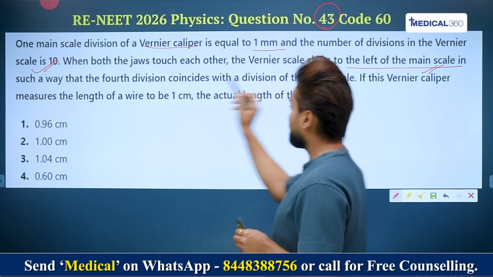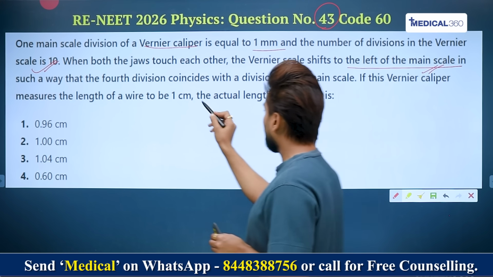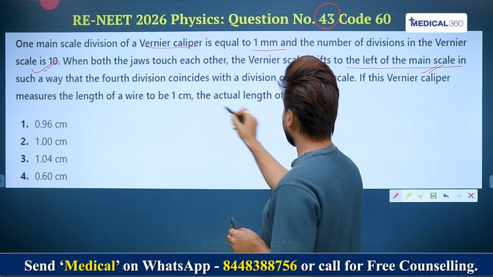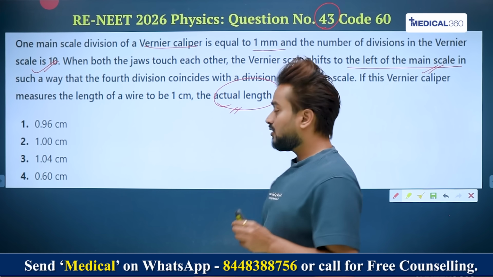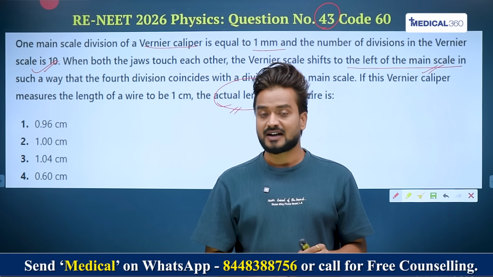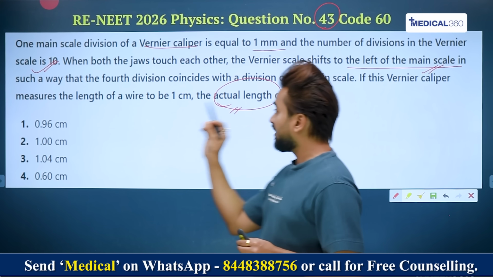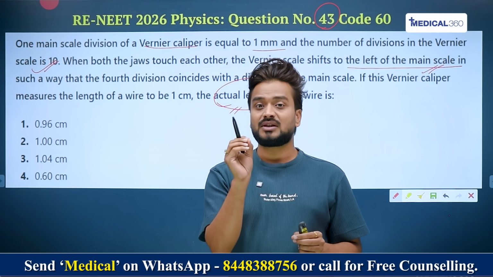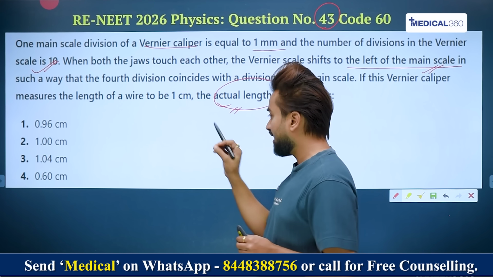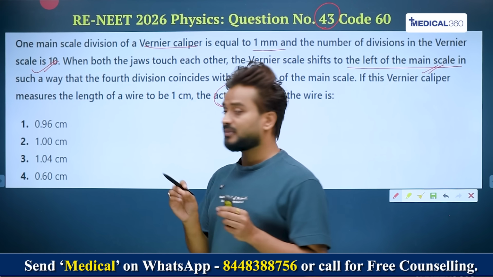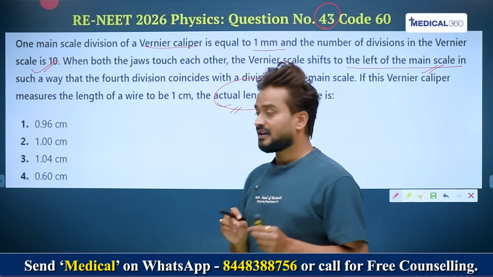If this vernier caliper measures the length of the wire to be 1 centimeter, the actual length of the wire would be. Now, if you have to give the answer instantly, the measured length of the wire is 1 centimeter, so the actual length would be greater than 1 centimeter, and hence 1.04 centimeter would be the correct answer if there was a negative zero error.